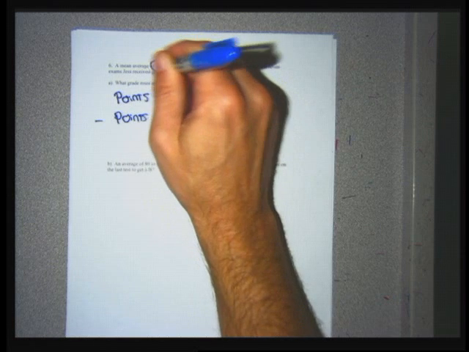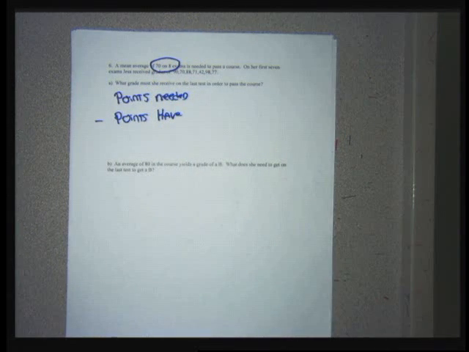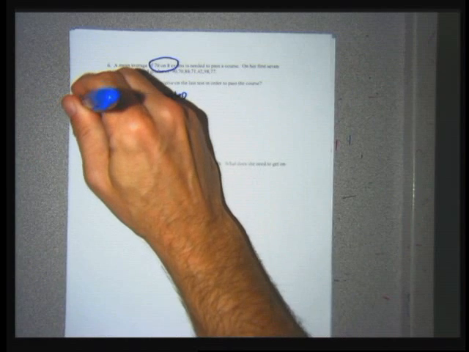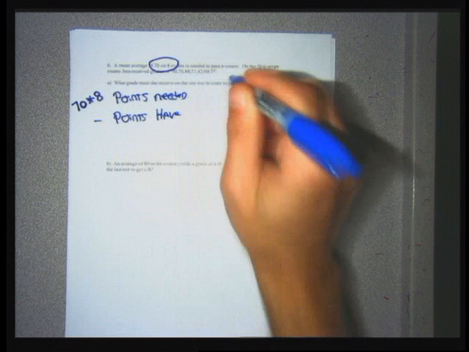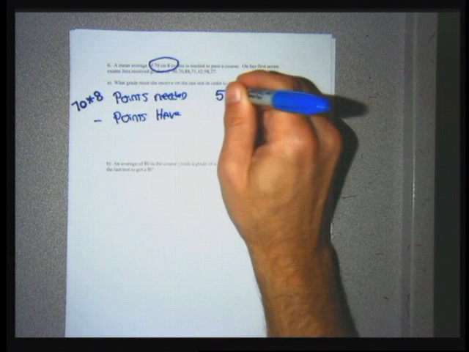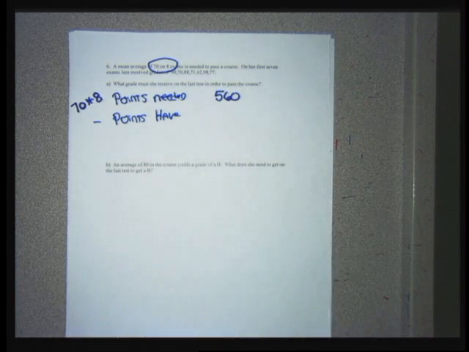It says to pass the course, you need to get an average of 70 on 8 tests. If I multiply those 2 numbers, 70 times 8 is 560. So for this particular class, you would need 560 points to pass the course.